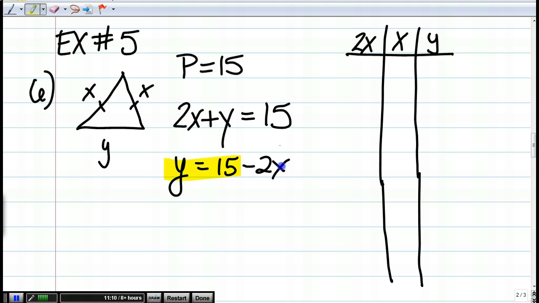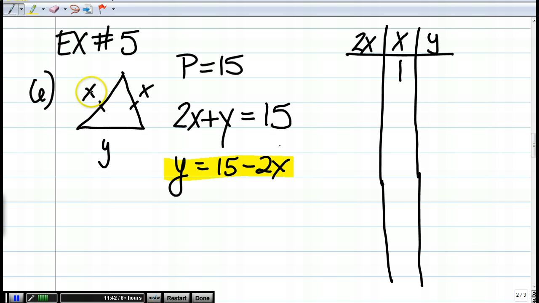And this will now be my equation I look at when I'm trying to find my possible lengths for my isosceles triangle and for the base. So I'm going to start by plugging in 1 for x. Now, the hint was that the sum of the lengths of any two sides of a triangle must exceed the third side.